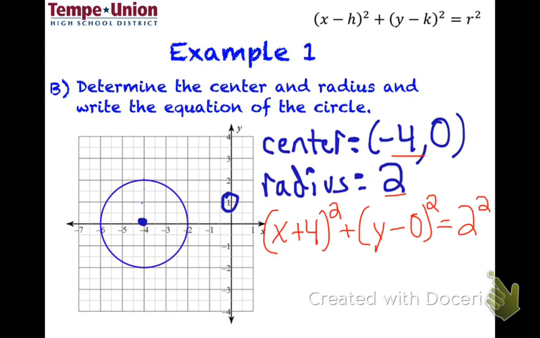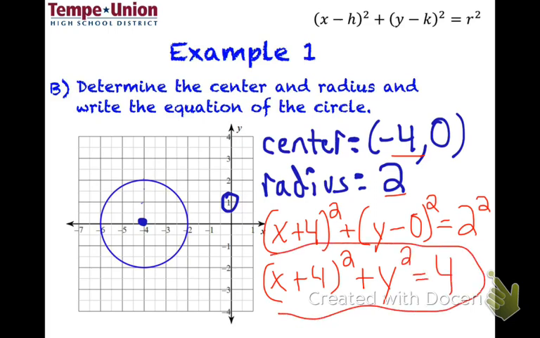So I would simplify that a little bit. That would be x plus 4 squared plus y squared, and I shouldn't even put that in parentheses. So y squared, and then equals 4. So this would be a little cleaner version.